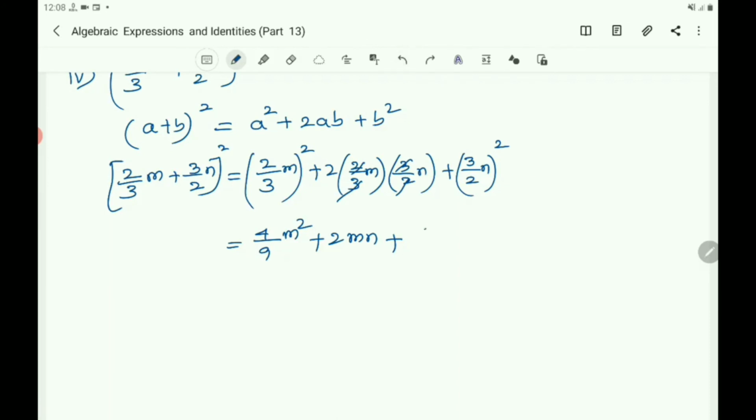So you got 9 by 4 n square. Therefore, the expansion of 2 by 3m plus 3 by 2n whole square is 4 by 9m square plus 2mn plus 9n square by 4.